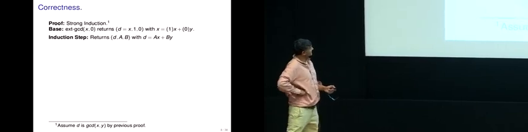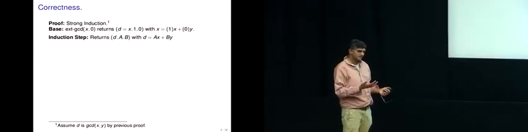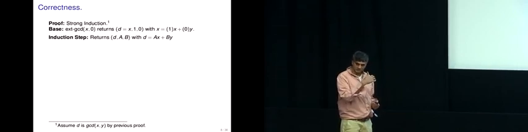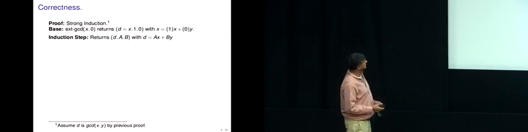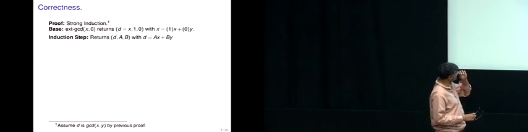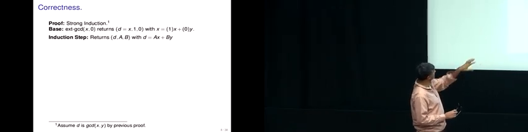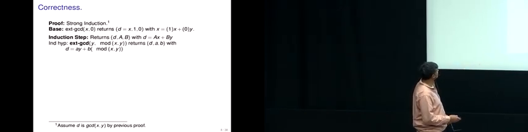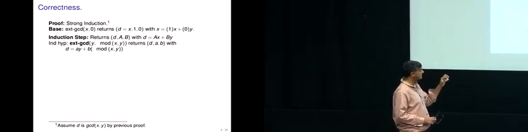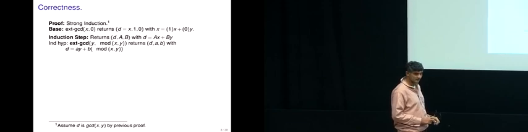Now we're going to return D. I'm just changing the letters because it gets a little confusing which letters are going to be in the recursive call and which ones are in the higher level. Okay? So I'm going to say at the induction step it returns something, D, A, B, with D equals A times X plus B times Y. Okay? So that's what we need to prove: that what is returned by the procedure satisfies this equation.